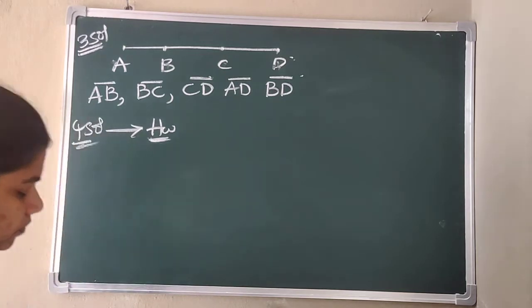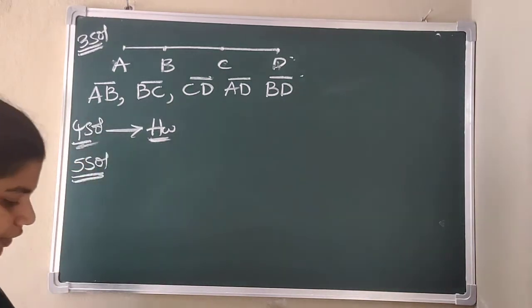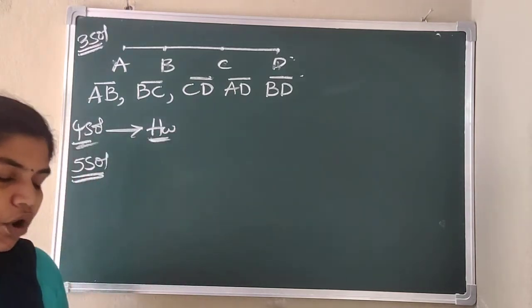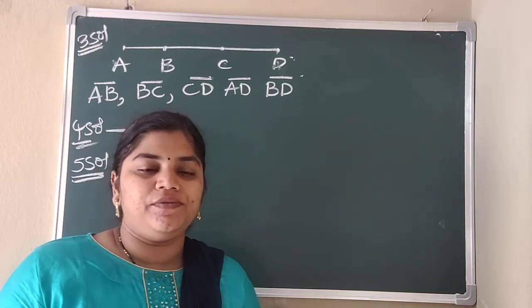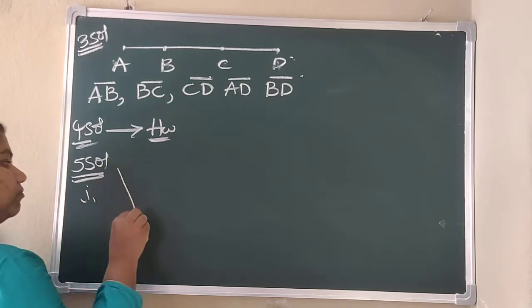And the 5th question: identify the following given angles as acute, right or obtuse. They have given some figures. We have to identify which type of angle each is. The first one is like this.